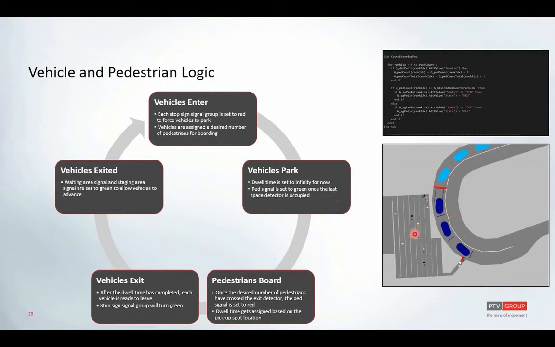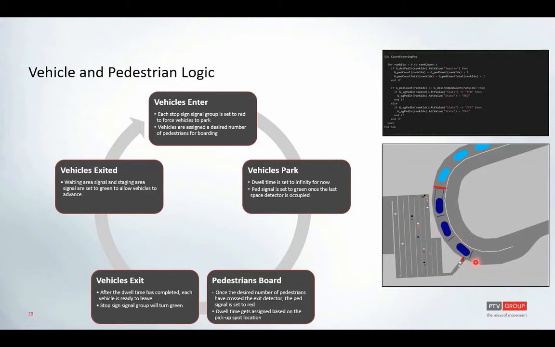And then we'll turn the pedestrian signal head green so that we can allow the pedestrians to actually board the vehicles. As the pedestrians are boarding, they'll trigger that small exit detector there. And so we're using that to keep count and compare that to the number of desired pedestrians we want on each of the vehicles. So that signal will turn green if we want like 2 pedestrians to board the first one. And then if you only want 1 on the second one, it will let the next one out, and so on.